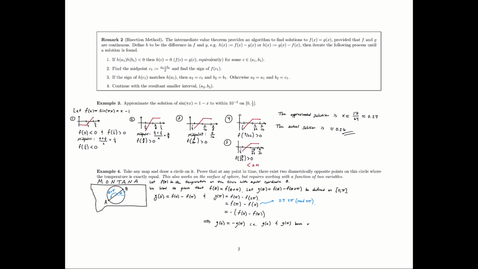And then what we've learned in the previous examples and videos is that if we know that the endpoints of an interval, if the values of the function have opposite signs, then you know somewhere between those two endpoints there must be a location where the function is 0.